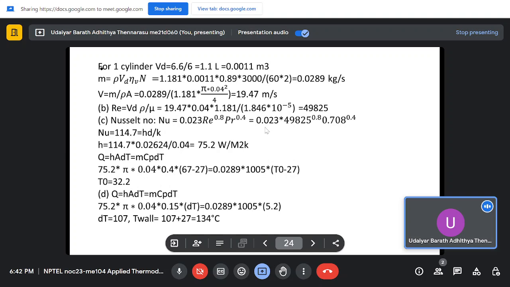So this runner length is 40 centimeter. So we know Reynolds number is rho V d by mu. So velocity is known in the intake manifold, 19.47. Diameter is known, the inner diameter of the runner or intake manifold is 4 centimeter, 0.04, and density is also known, 1.181. Divided by mu, which is 1.846 into 10 power minus 5.